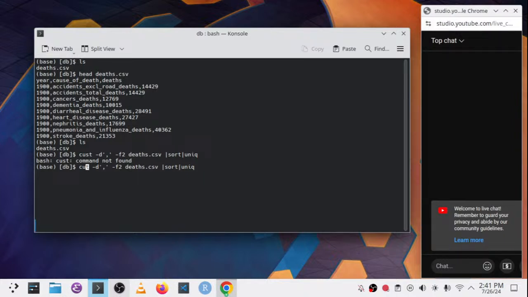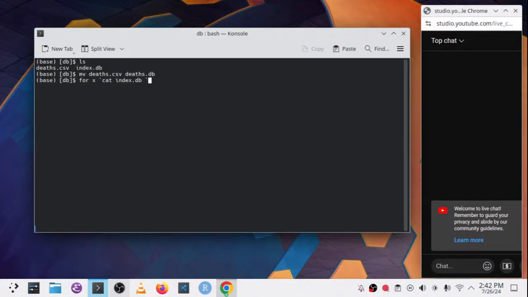Then we'll use the ever popular for command to create a separate file for each of the diseases, okay?